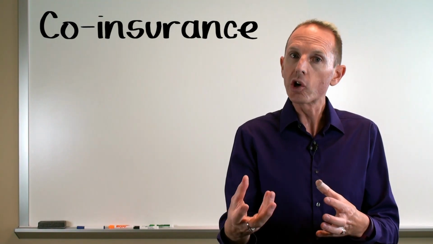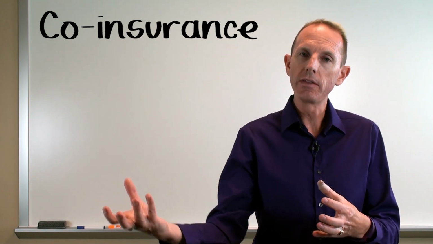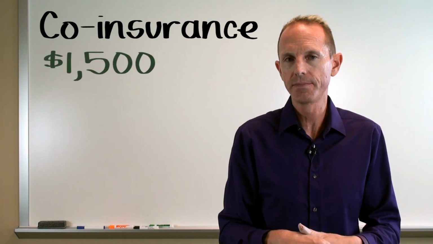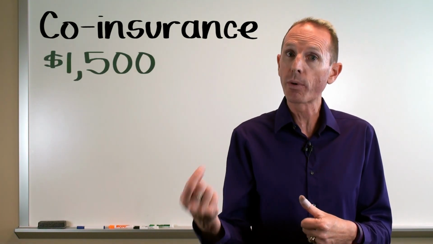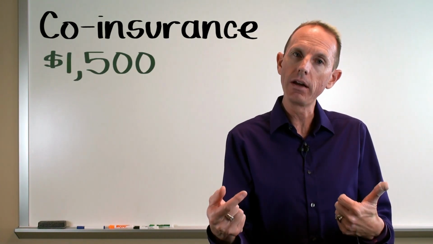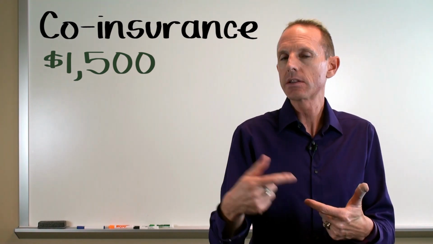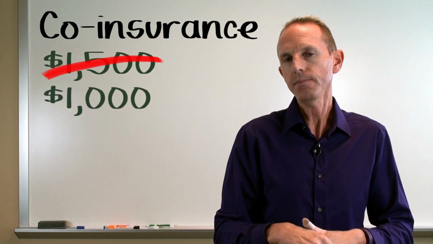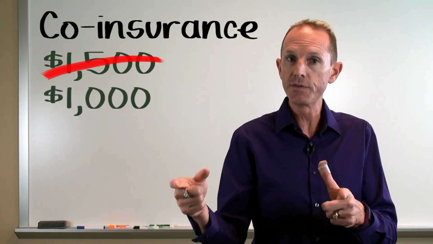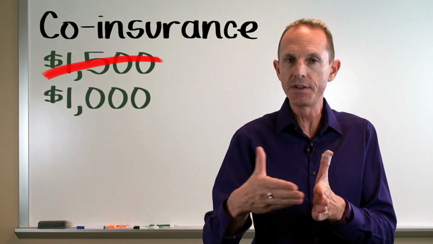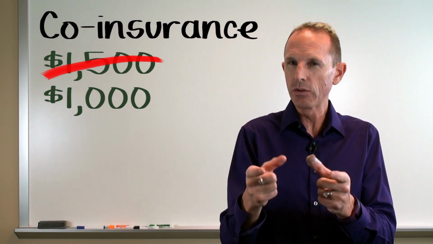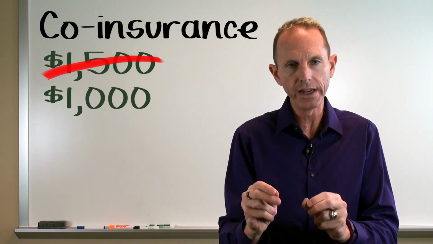So the way that it will work is you have that surgery, the provider bills United Healthcare. Let's say it's $1,500. Because you're using an in-network provider, we have a contracted rate with that doctor. Let's say that that contracted rate brings it down to $1,000. So now you're not responsible for the difference between the $1,000 and the $1,500 because the provider will write that off. So now you're left with that $1,000 as the contracted rate.